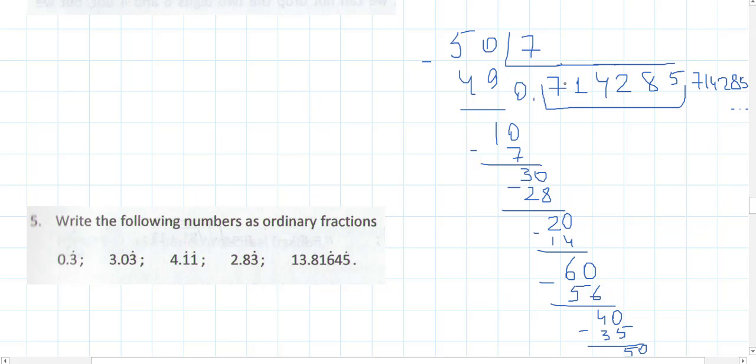So we have the repeating part 7, 1, 4, 2, 8, 5. So we can write 5 over 7 as 0.71428. So the beginning of the repeating part is 7 and the end is 5.